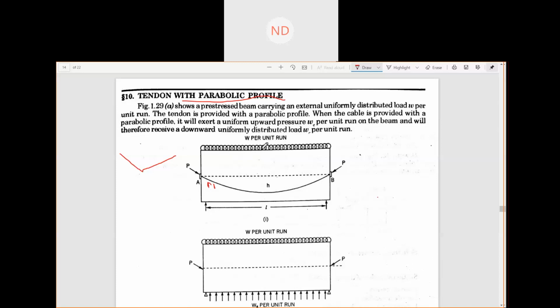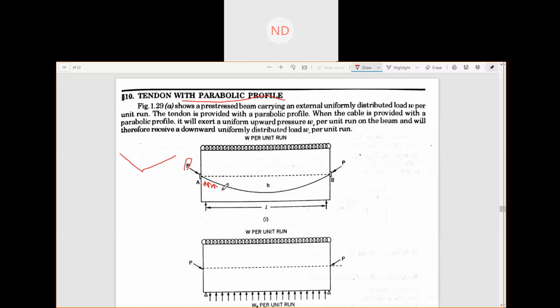When you give a pre-stressing force P, there will be an upward pressure per unit run.